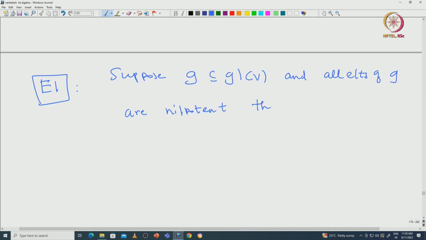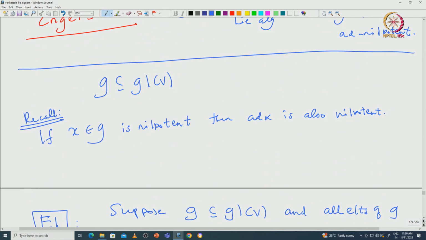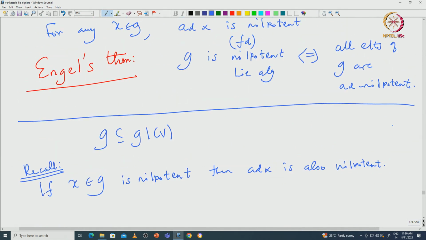Then we say G is a nilpotent Lie algebra. I would like to say E1 is equivalent to Engel's theorem, E2.